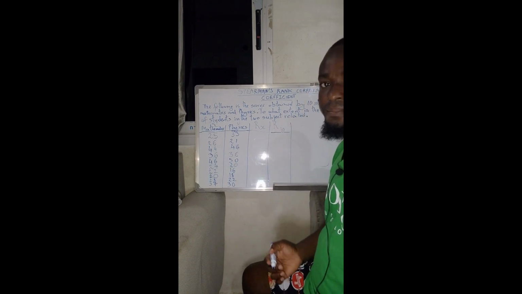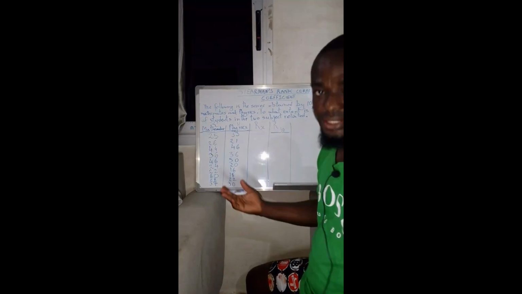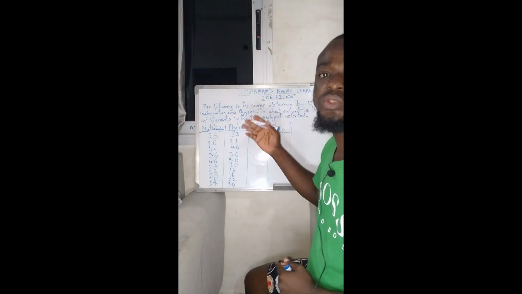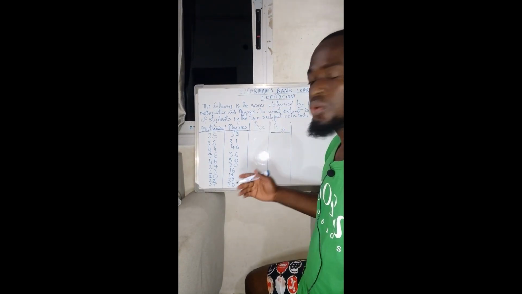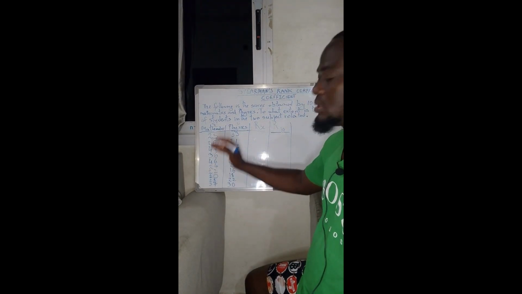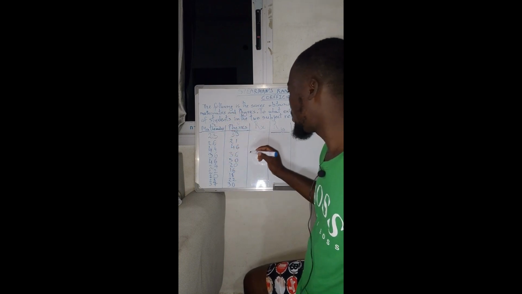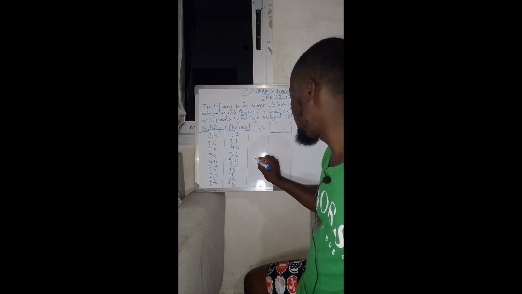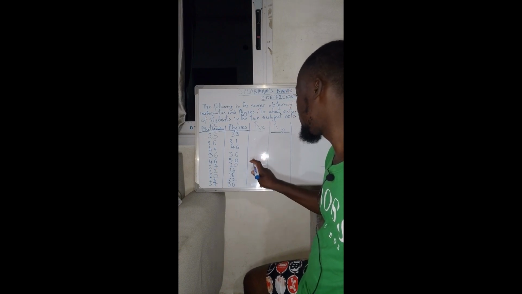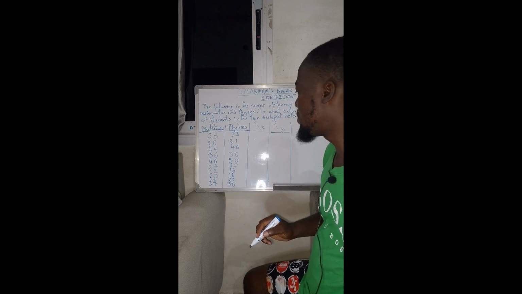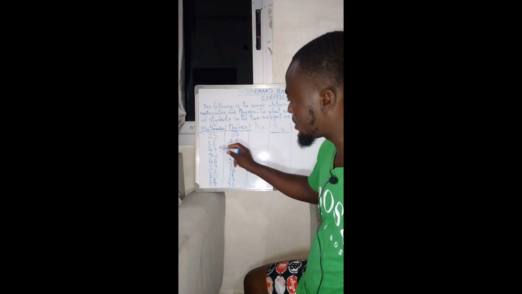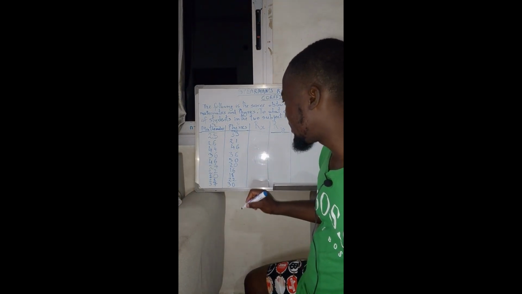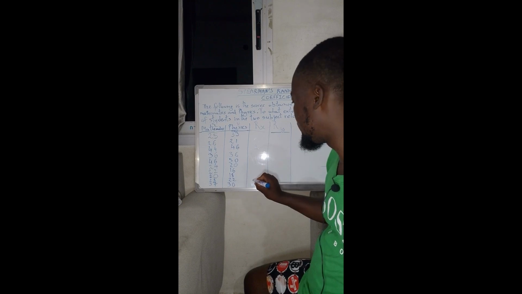So how are you going to rank them? You use the highest score as the first rank, that is the first position. You can also go from the lowest to the highest, so it depends on you. But now let's use the highest score first and continue so on. The highest score in mathematics is 46, so that is the first position. The next highest score is 44, the second position, and after 44 we have 37, the third position.